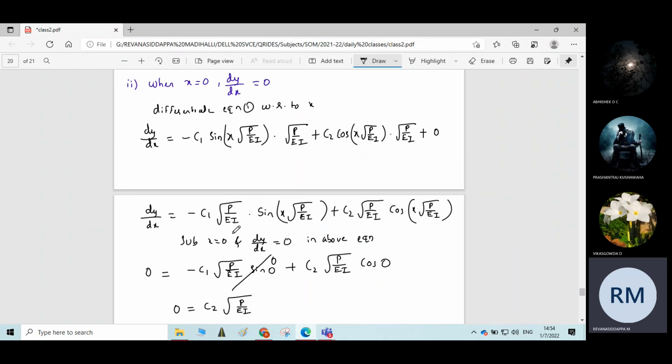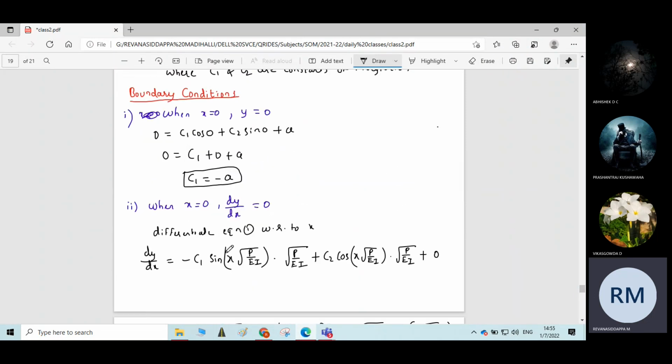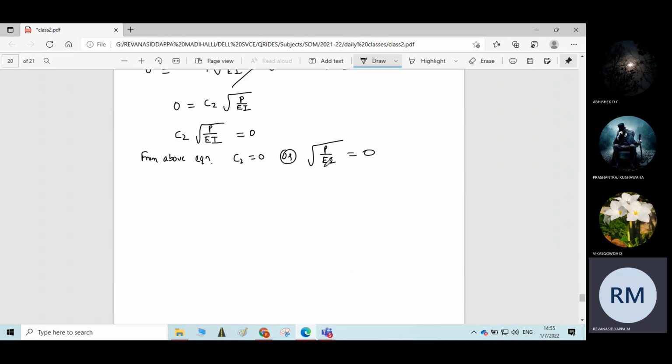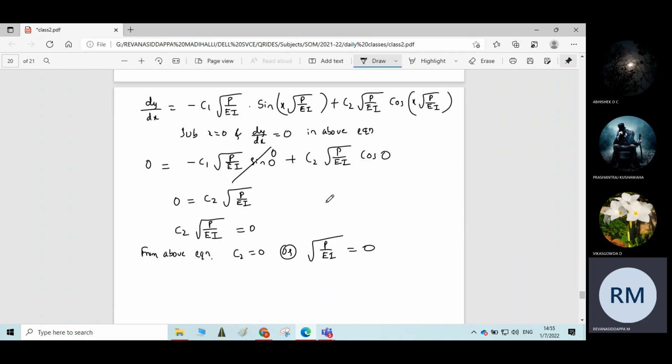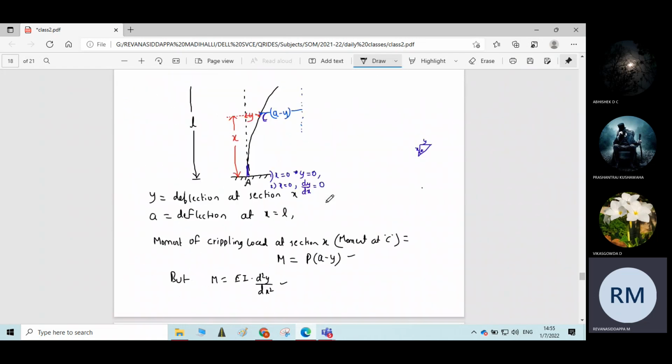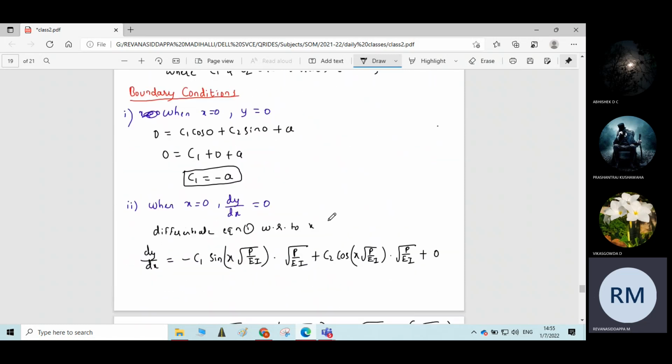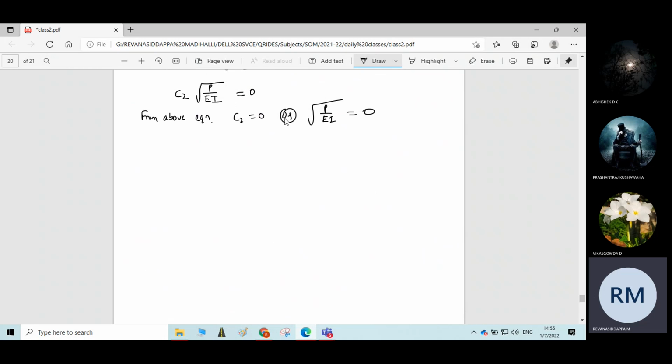See, C1 we have some value. C1 is equal to minus A. You can take C2 equal to 0, but root of P by EI cannot be equal to 0, because the column has some buckling load P, and it also has sectional properties, Young's modulus and moment of inertia. All values are there for the column. So this term cannot be equal to 0. C2 can become equal to 0, but this term cannot, because buckling load P is there, Young's modulus is there, moment of inertia is there.